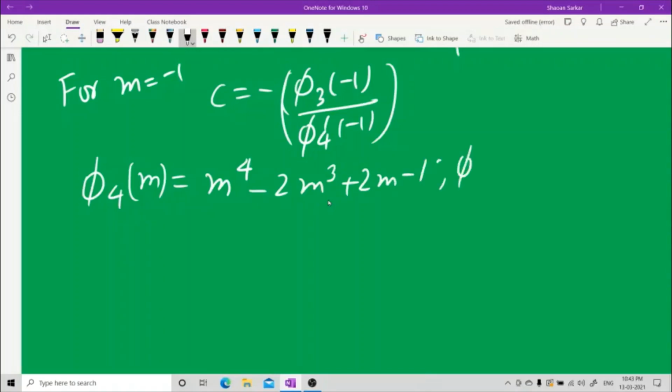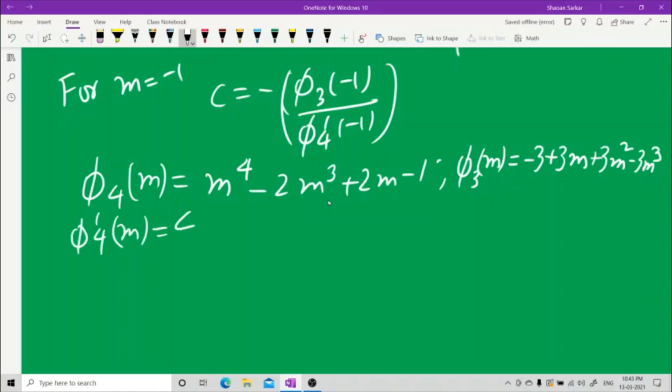And what is phi 3 m? Phi 3 m is minus 3 plus 3m plus 3m square minus 3m cube. Now add phi 4 dash m, the derivative, 4m cube minus 6m square plus 2. And then now you find phi 4 dash minus 1.